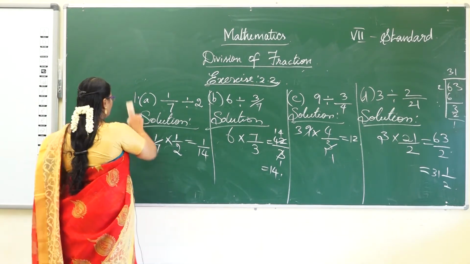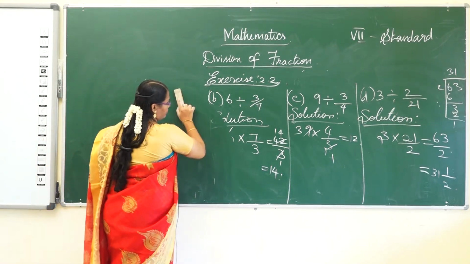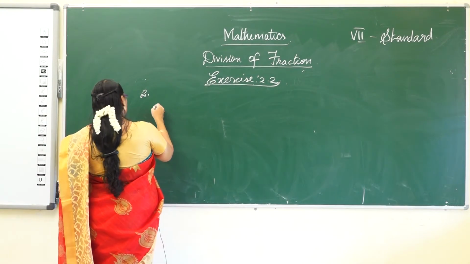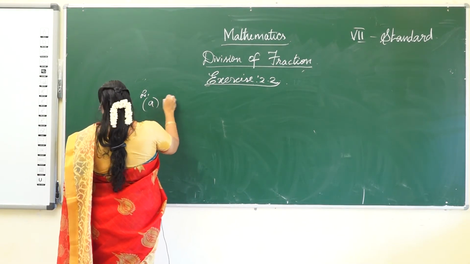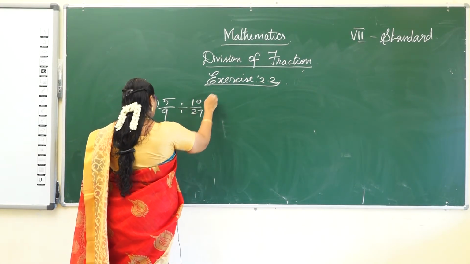Now move to the second problem. The remaining four are homework. Divide. First, 5/9 divided by 10/27.